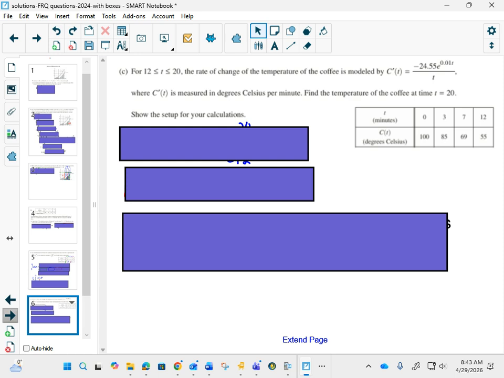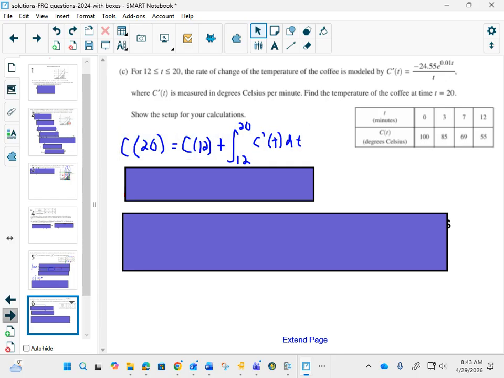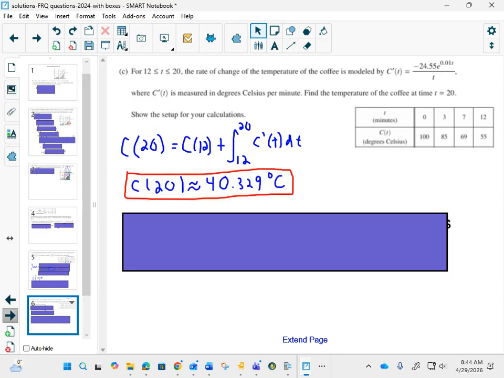And if we integrate a rate, that always gets us our accumulation of change. So if we integrate the rate from 12 to 20, that will tell us how much the temperature has changed from 12 to 20. Since the temperature at 12 was 55, we say 55 plus how much it's changed. Apparently it went down about 15 degrees over that time.